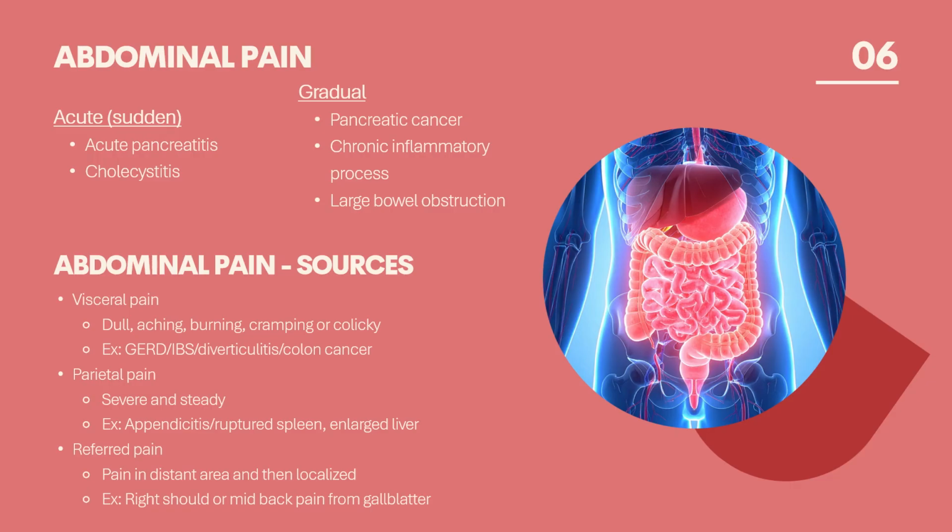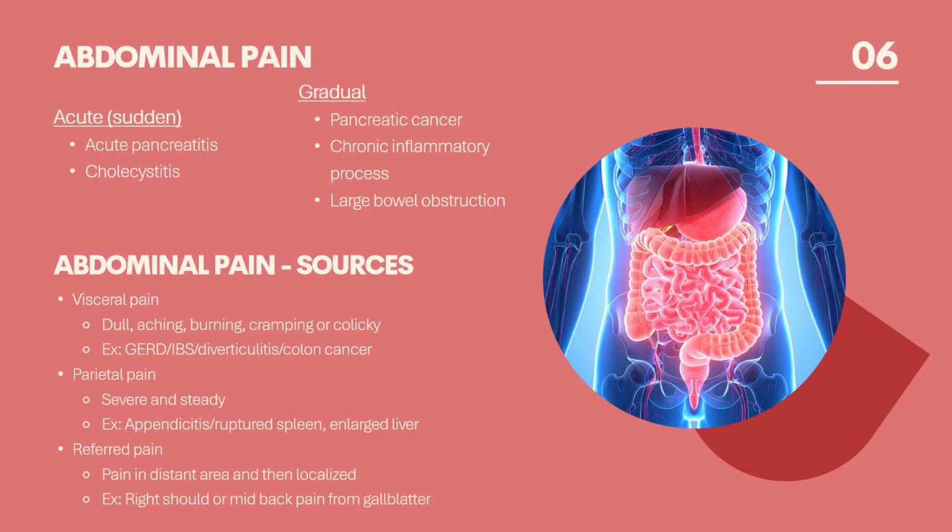And then you have different sources of abdominal pain. First you have visceral pain. This arises from our viscera, such as the stomach, intestines, pancreas, liver, gallbladder, and it's caused by stretching, distension, maybe ischemia or inflammation of the organ. It's typically going to feel pretty dull, crampy, achy, or pressure-like, and typically it's poorly localized.